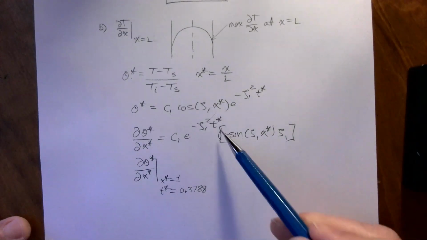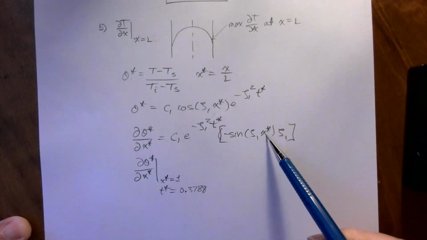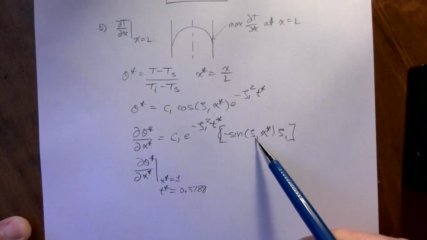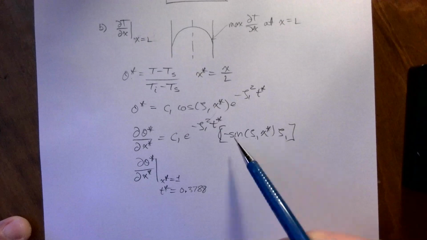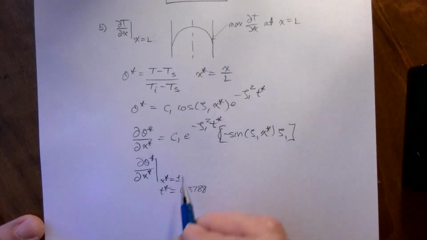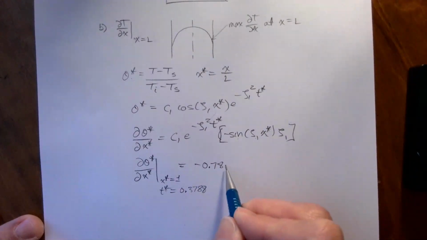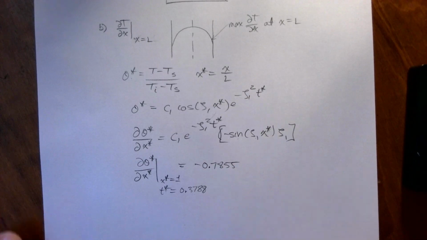So I'm going to put the t star value in and substitute 1 here. So I'll have sine of zeta 1 times zeta 1, and there's a minus sign included in that as well. This ends up equaling minus 0.7855.